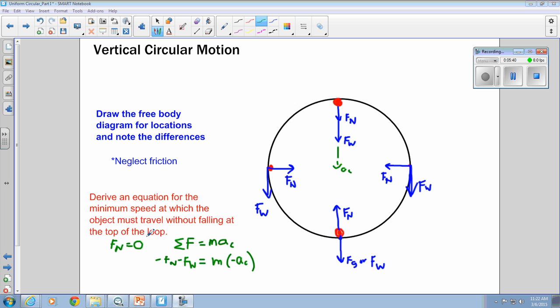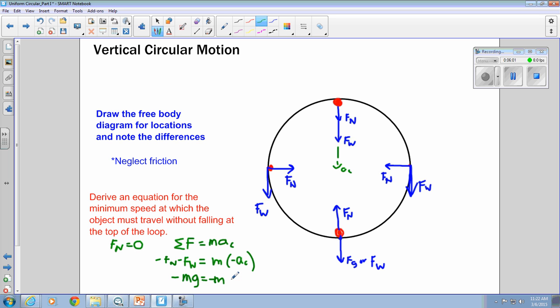We're saying that the force normal is 0 at the top for the minimum speed. So if this is 0, that cancels out, and we're left with negative force weight, which is equal to mass times the acceleration due to gravity, equals mass times centripetal acceleration.